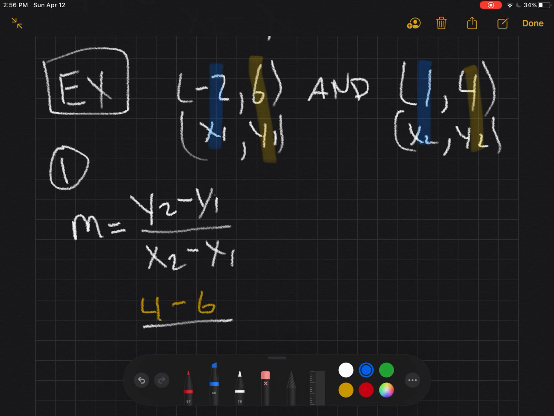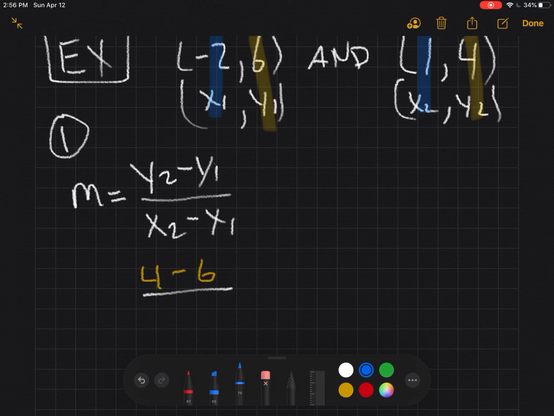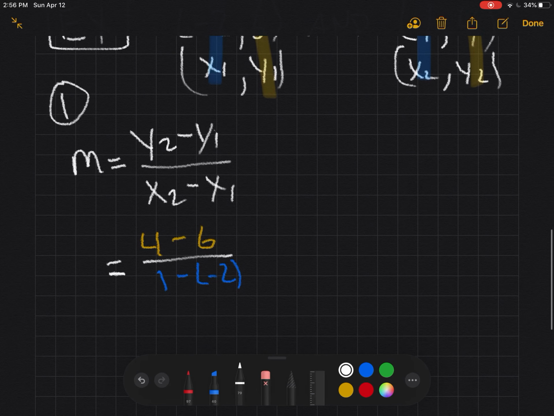And that'll give us 4 minus 6. And then we're going to do x2 minus x1. And that's going to have us do 1 minus -2.